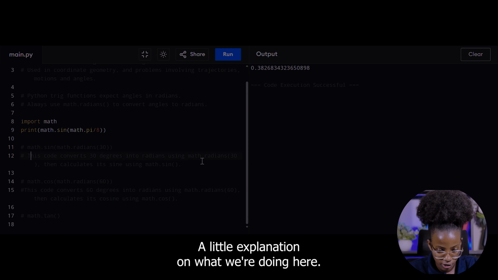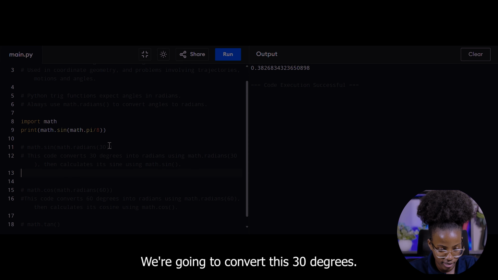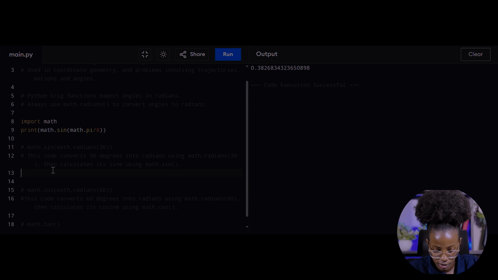A little explanation on what we're doing. Here we're going to convert 30 degrees. Let's print out math.sin of, let's say, 30.